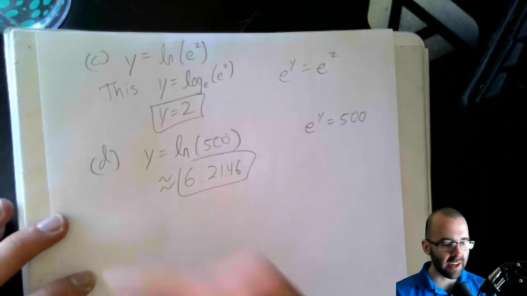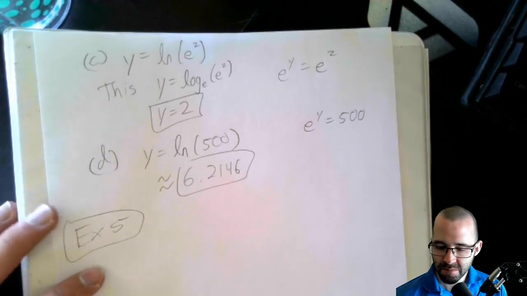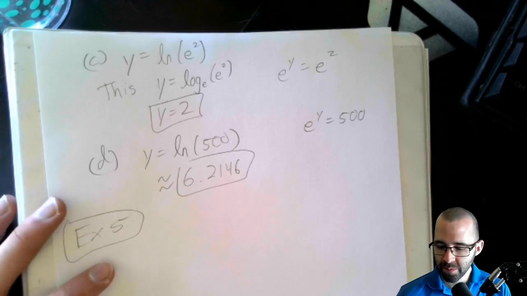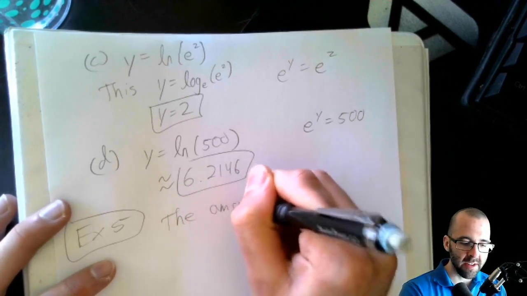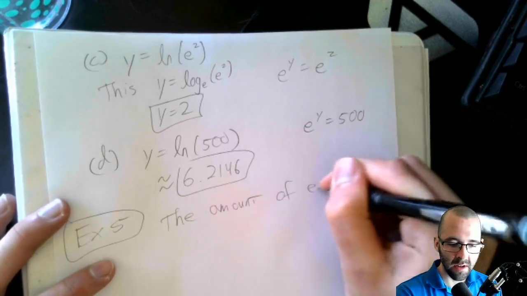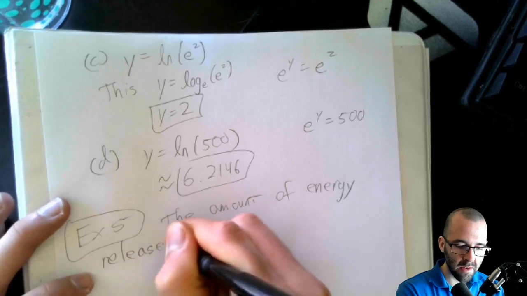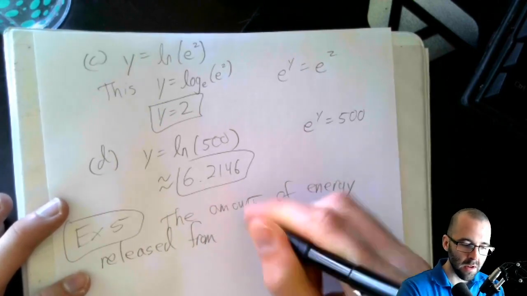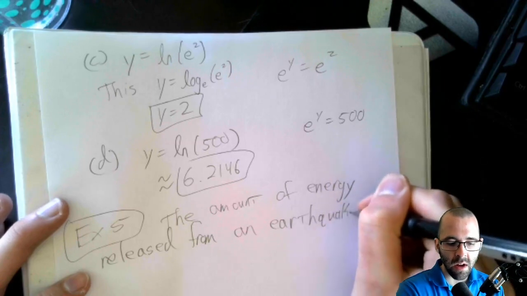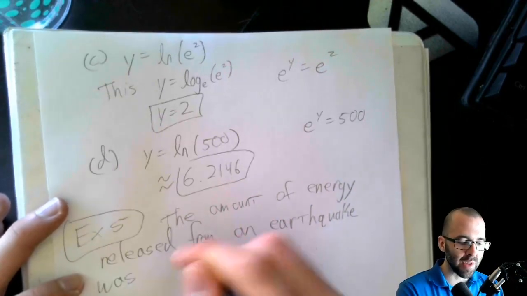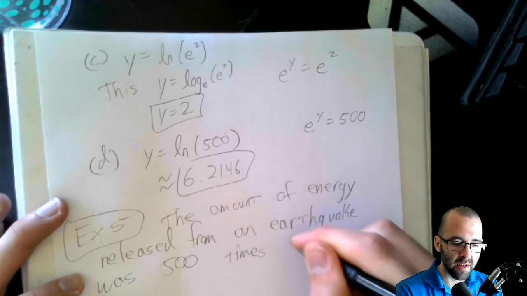All right, last example of the day. Example 5. The amount of energy released from an earthquake was 500 times the amount from another one.